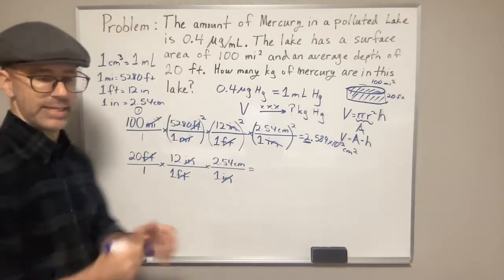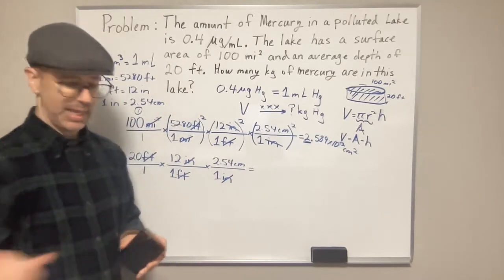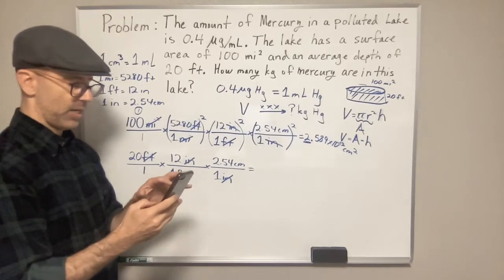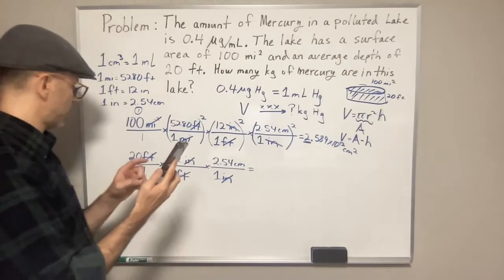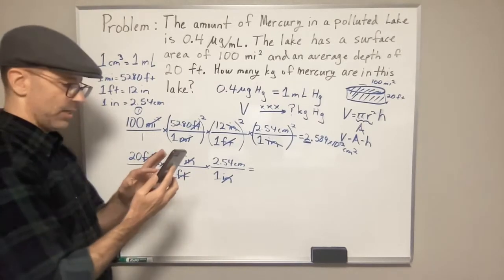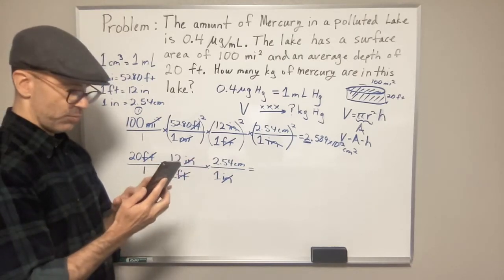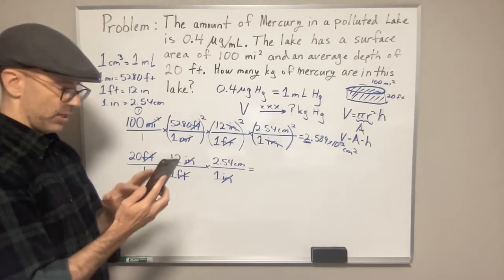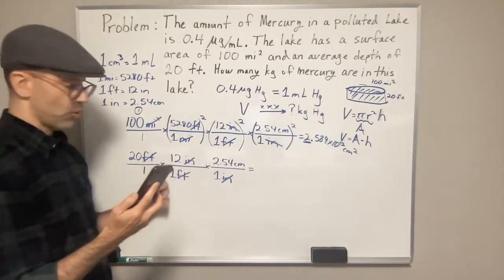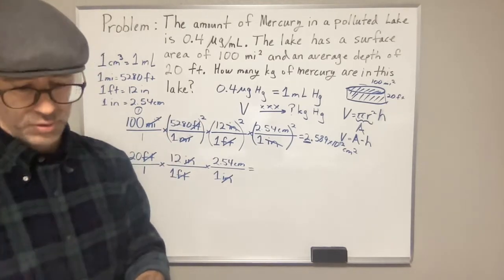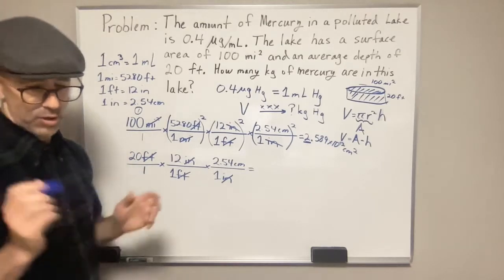So now I can calculate the length or depth of my lake in centimeters. So 20 times 12 times 2.54 equals, all the bottom ones are 1, so I don't need to multiply or divide by that.